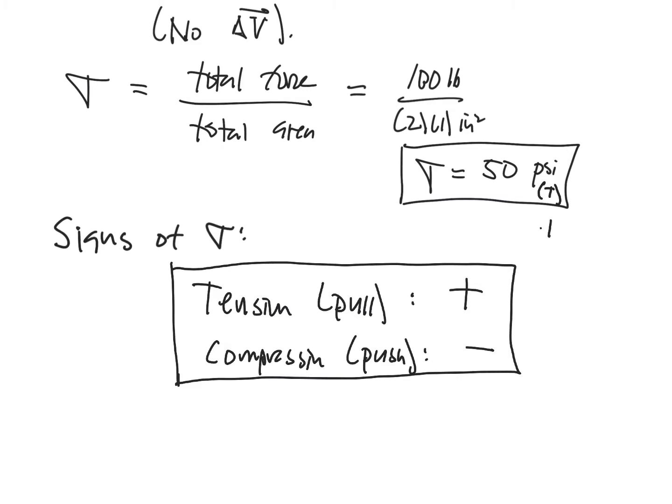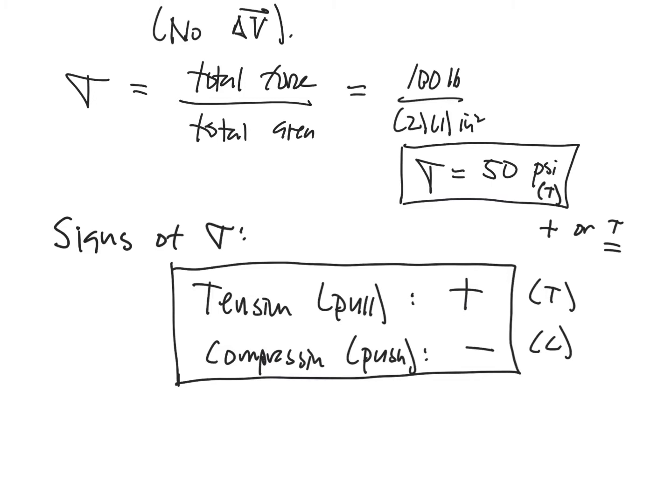Those are the symbols we're going to use. My preference is for you to use T, and if it's in compression, then we'll typically write C. In my opinion, that is the way to go because it reminds you of what your signs are going to be, tensile or compressive.